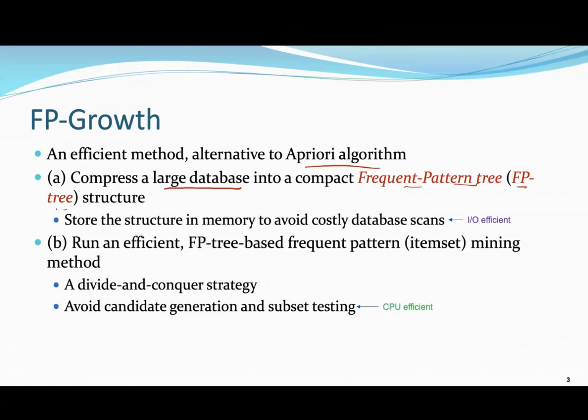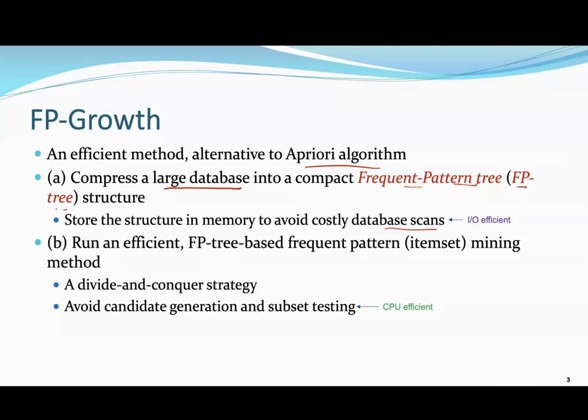Hopefully, the compressed tree is small enough for us to put into main memory for processing. So store the structure in memory to avoid costly database scans. This is how the FP growth algorithm could improve efficiency. You try to fit things into memory so as to avoid very expensive I/O cost.